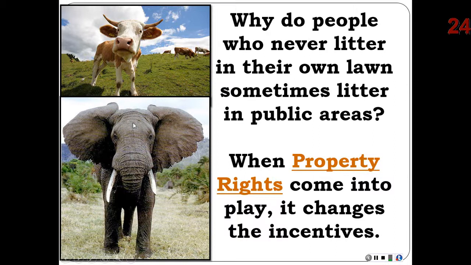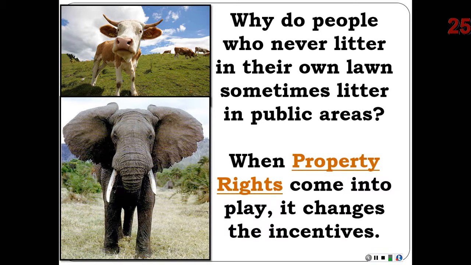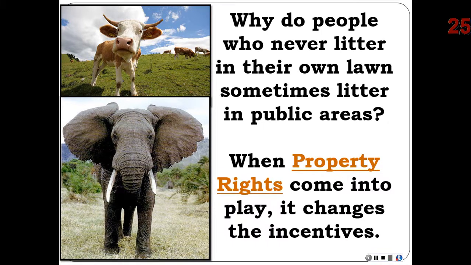Whereas with the cattle, the exact opposite is the case. Even though we kill lots of cattle, cattle can be owned by ranchers. So there are property rights involved. And if I'm a rancher, I'm not going to kill all my cattle in one season. That would be stupid, because of the profit motive, I want to develop a steady stream of cash flow. And so I'm not going to kill all my cattle, maybe not even most of my cattle in any given season, and I'm going to therefore preserve the species for generations to come.